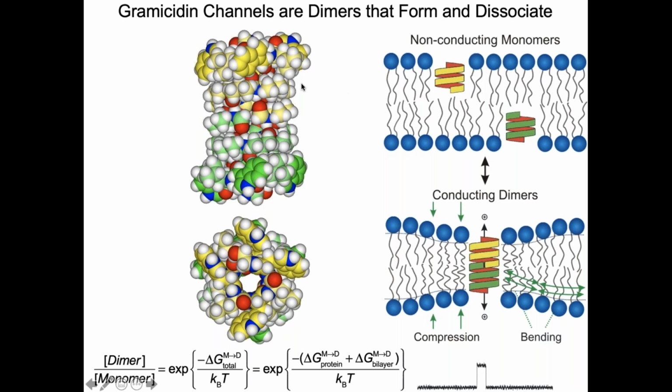As you can see here we have the structure again. Because the channel is a dimer, it forms by transmembrane dimerization of two non-conducting subunits. They will move around in each plane of the membrane by thermal diffusion.